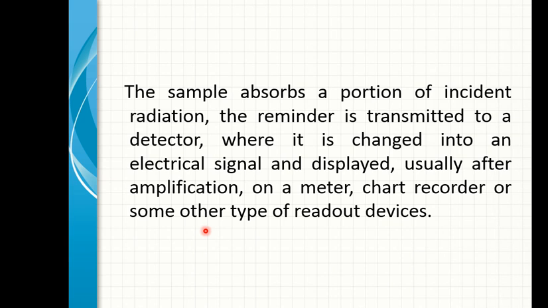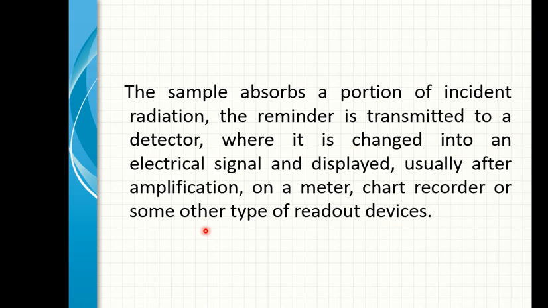So we put the sample in the instrument and we introduce UV-visible radiation. Some of this radiation is absorbed by the sample and the rest is transmitted to the detector.